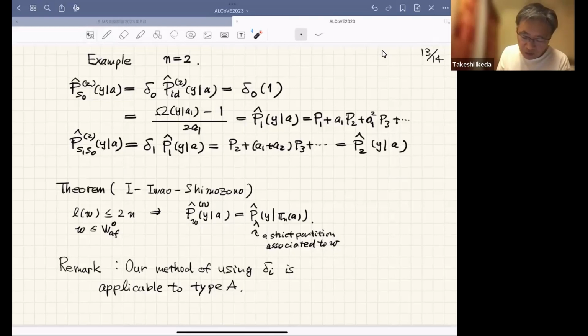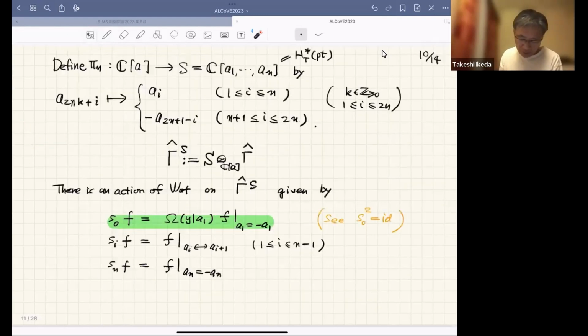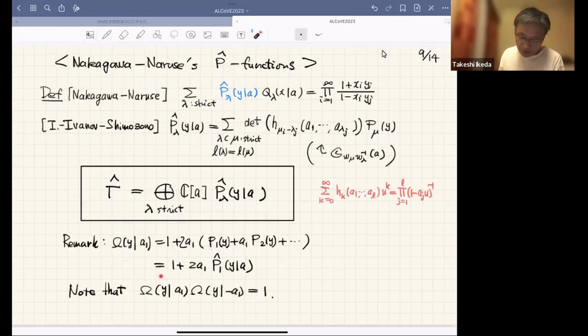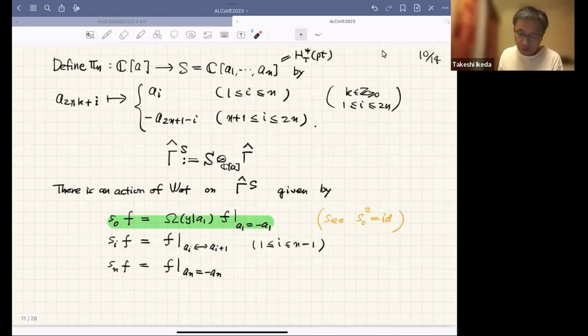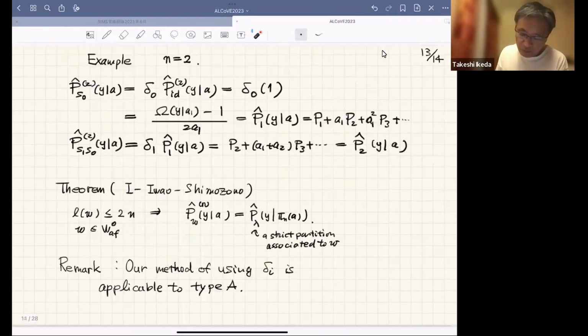If you next apply s1, then we can easily see that it is basically acting on the coefficient. So it's easy to see that we get this. This is just P2 hat, right? So in general, these functions are different from the original P hat.